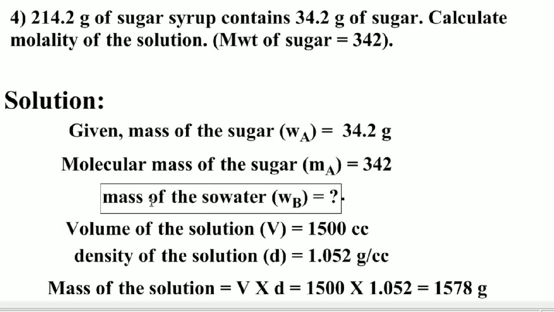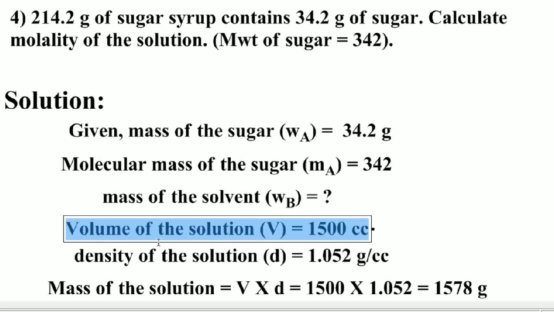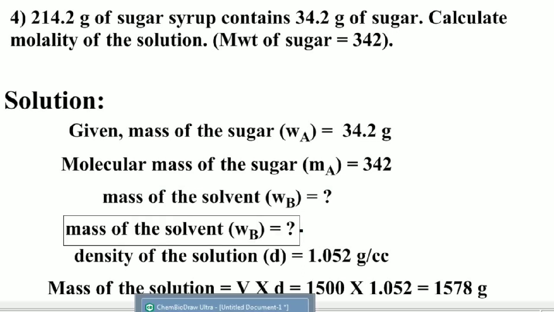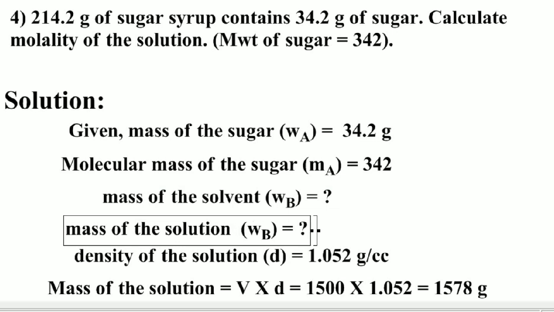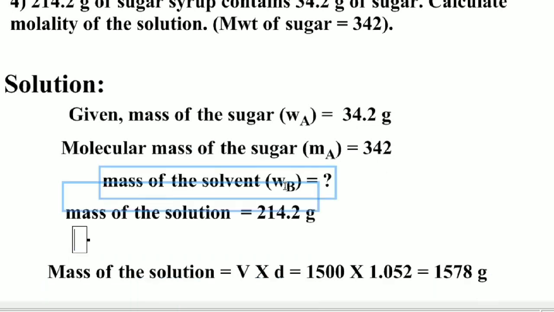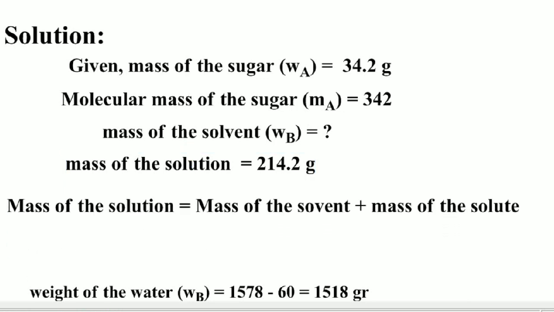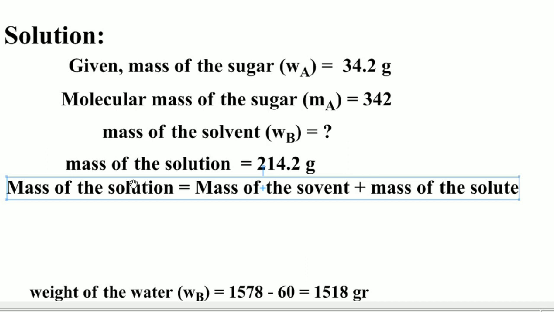So the mass of the solvent we should find initially. The given mass of the solution is 214.2 grams. And we know that mass of the solution is equal to mass of the solvent plus mass of the solute.